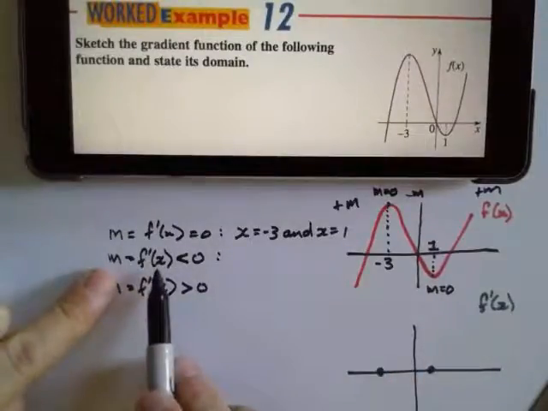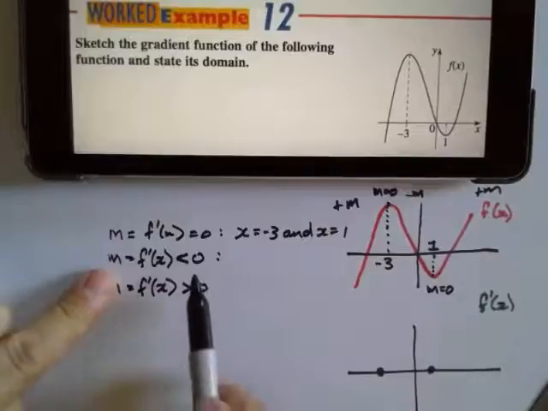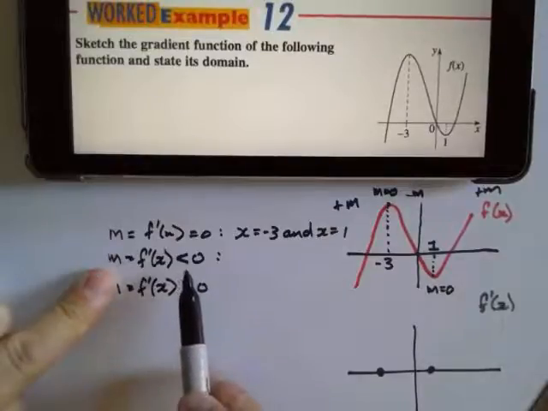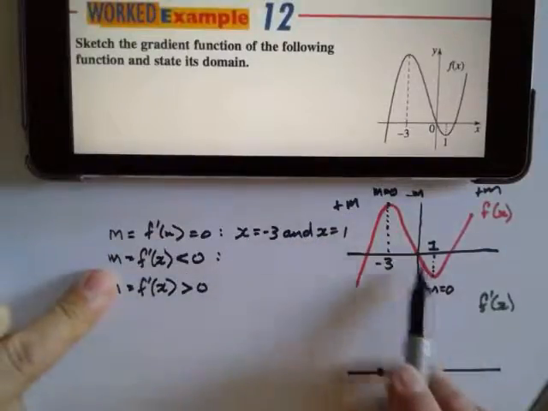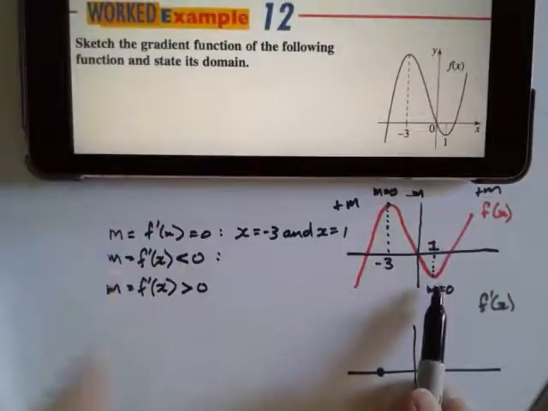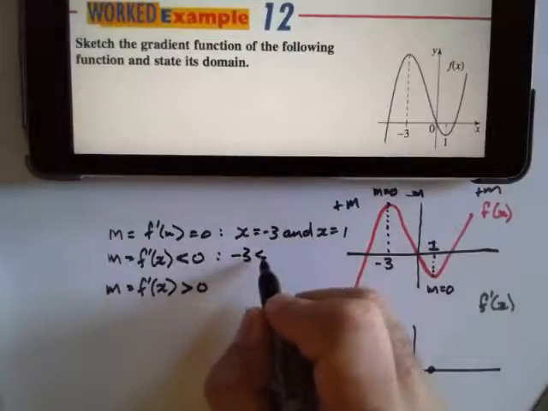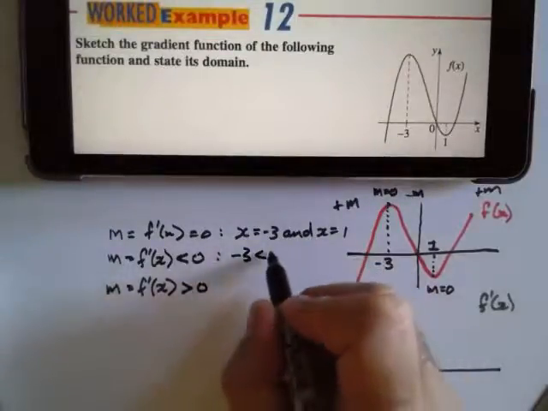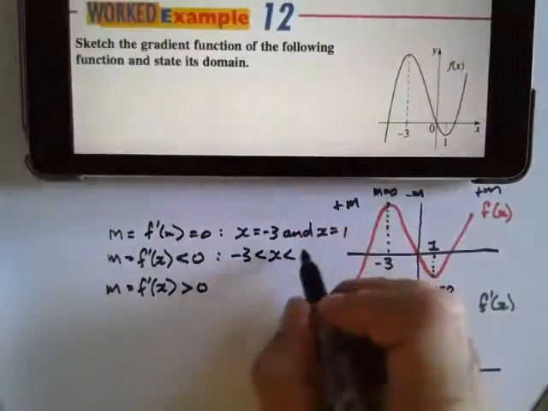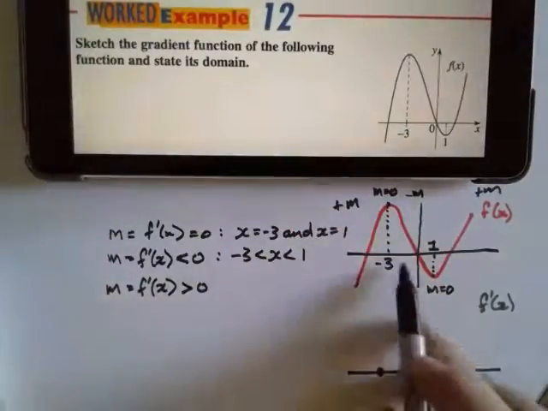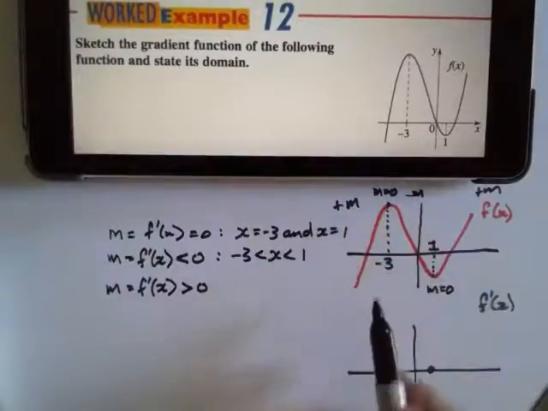So where's my gradient less than 0? So where's my gradient negative? My gradient is negative between -3 and 1. So -3 < x < 1. So between those two values, my gradient is negative.